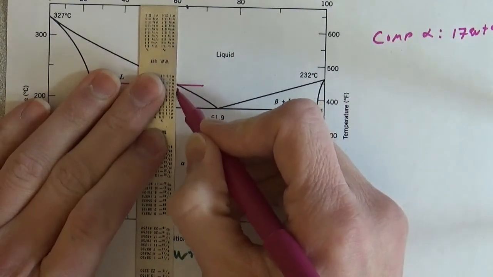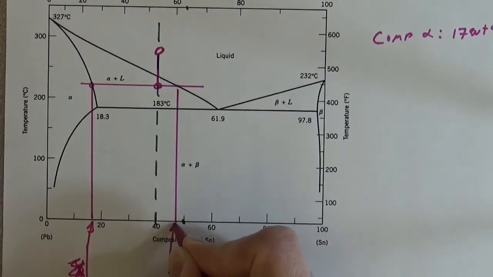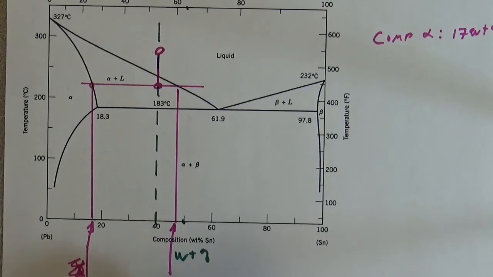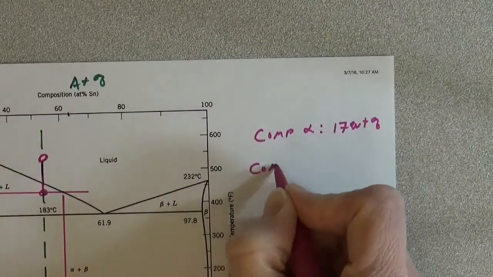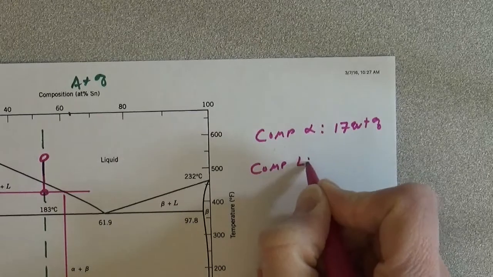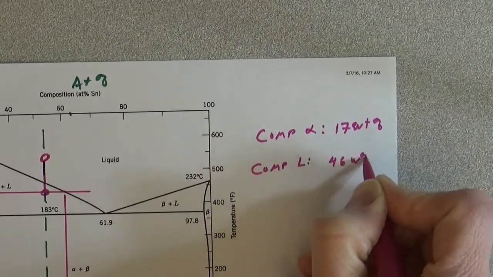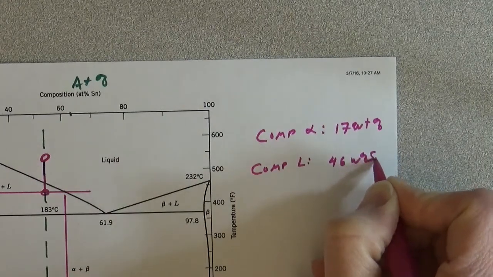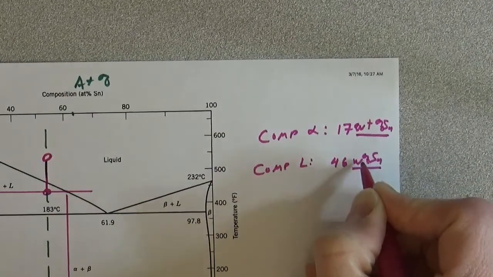And then the composition of our liquid. We do the same, and that is around 46 weight%. So the composition of our liquid is 46 weight% tin.